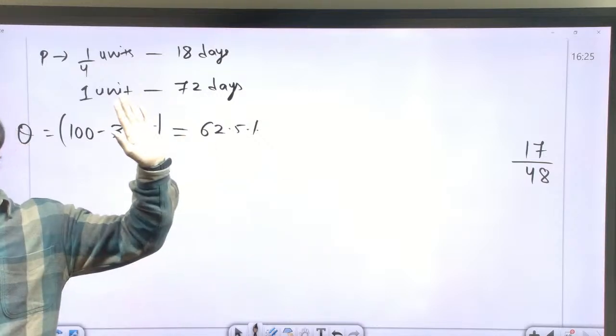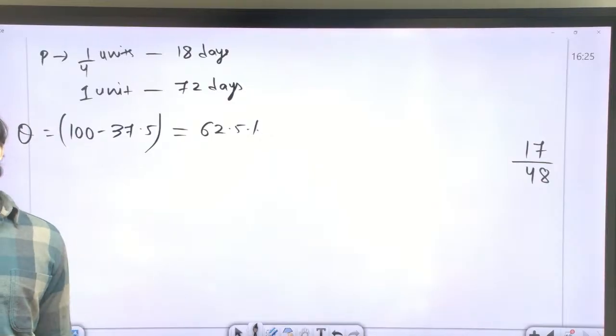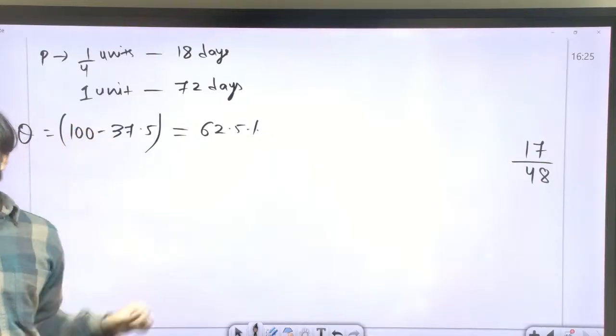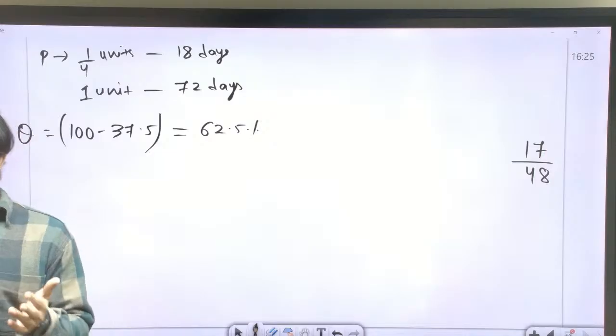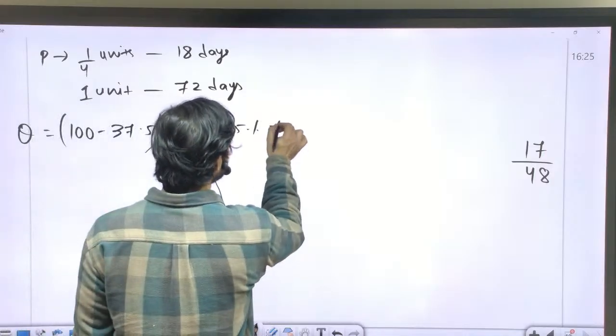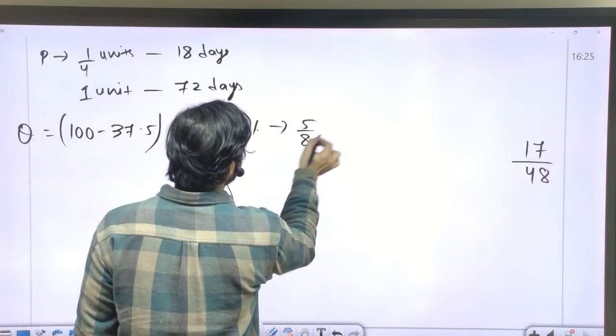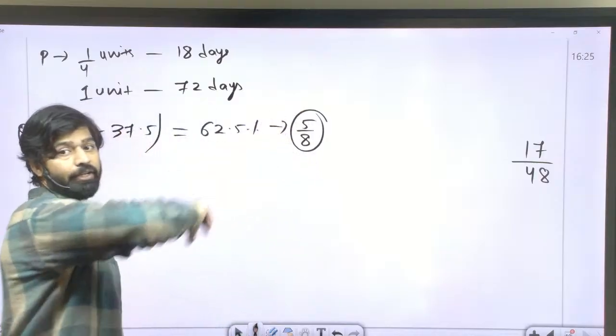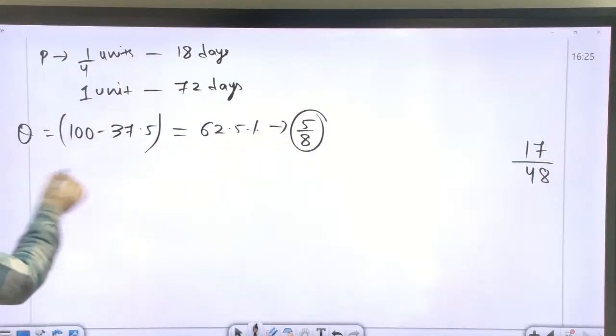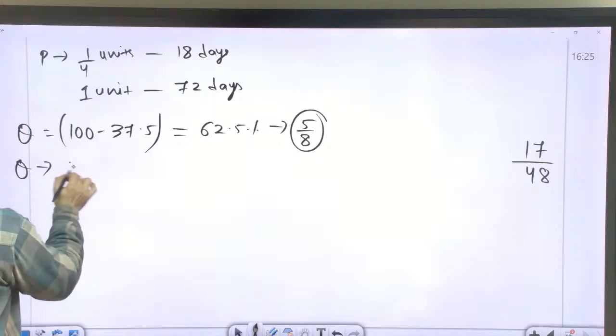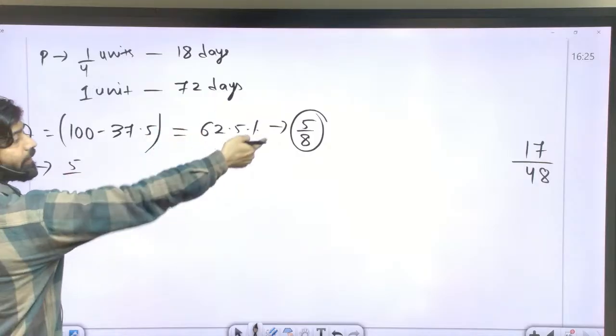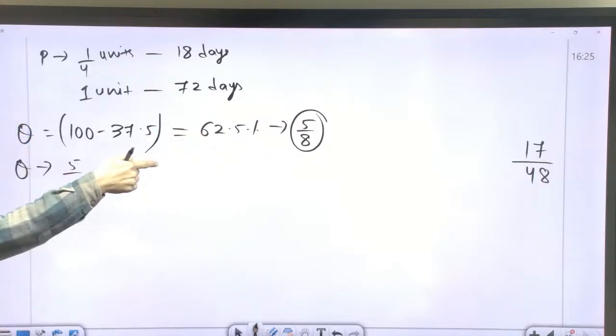Any problem in this? And what is the fraction of that 62.5? Because the 37.5 is 3/8. So 62.5 is what? 5/8. So we can say that 5/8 units was done by Q. Okay.